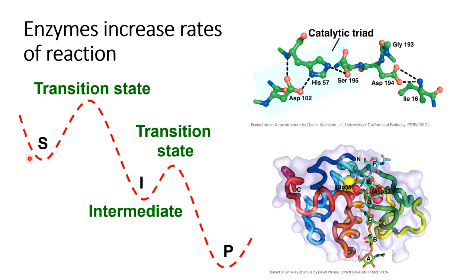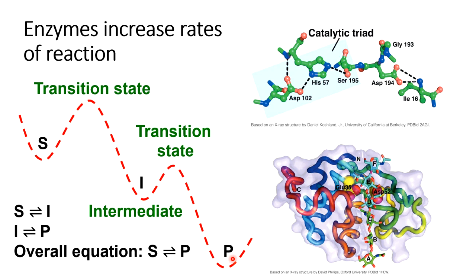The intermediate is a potential well that lies between the reactant and the product. Two of these transition states, one after the reactant S and one after the intermediate I, where I is converted to P. And so we can think of this as a two-step reaction.